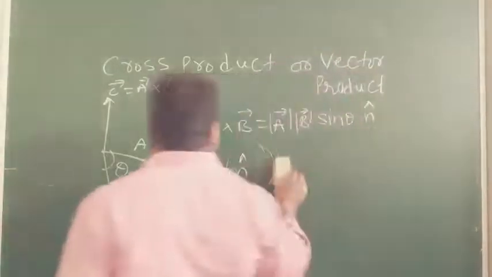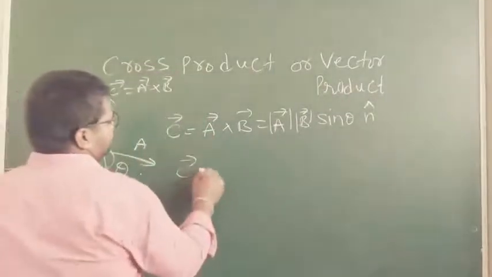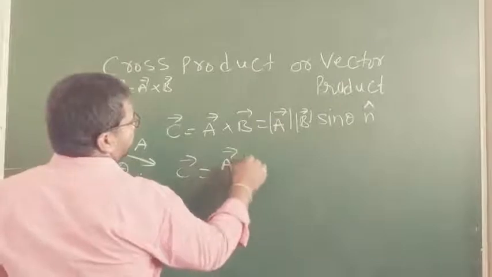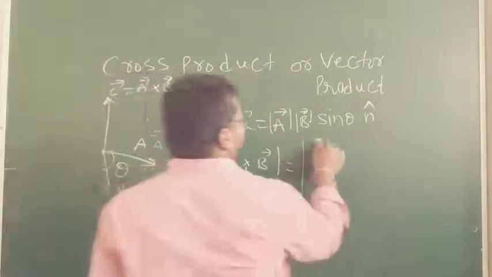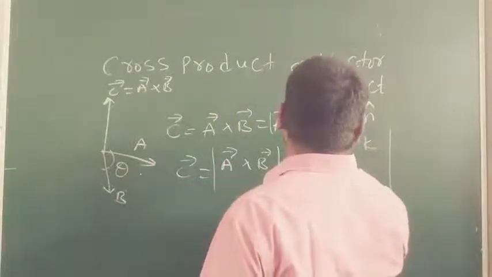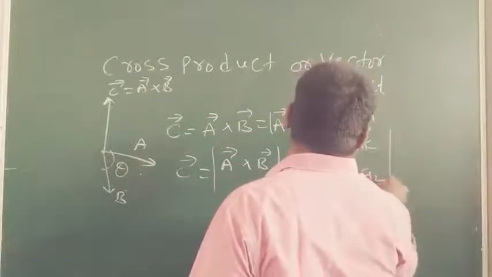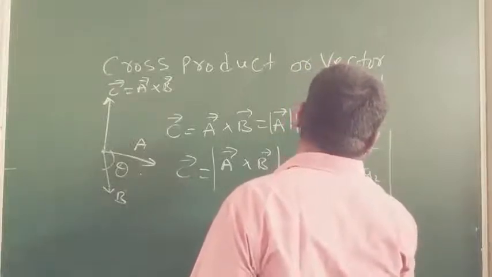Then c bar equals a bar cross b bar, which you can write with i, j, k and Ax, Ay, Az, Bx, By, Bz.